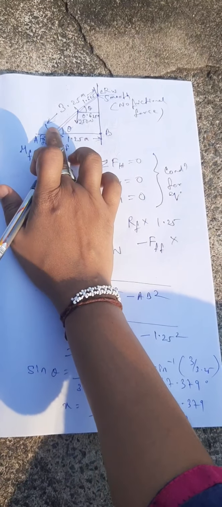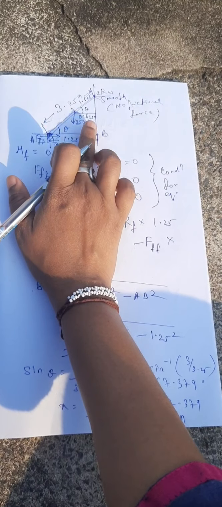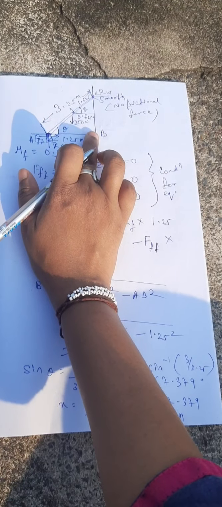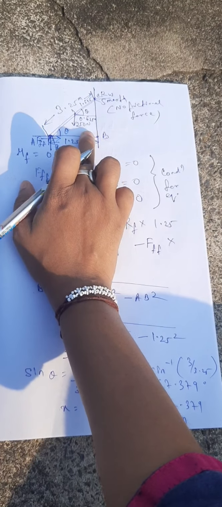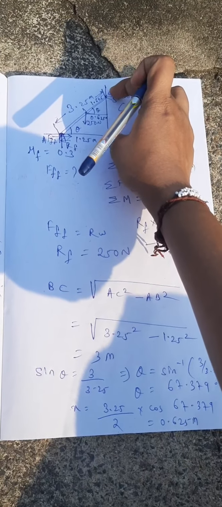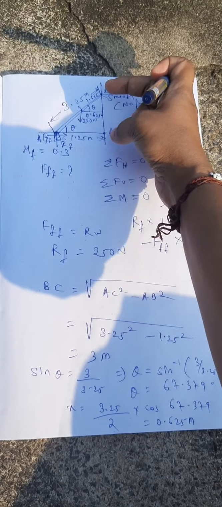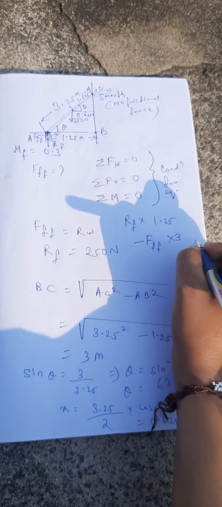We slide its line of action along this. We know the transmissibility theorem: if we slide the force along its line of action, its effect will not change. So we can slide it along this, and the perpendicular distance between the line of action of the frictional force at the floor and the moment center is this distance, that is 3 meter we have calculated.